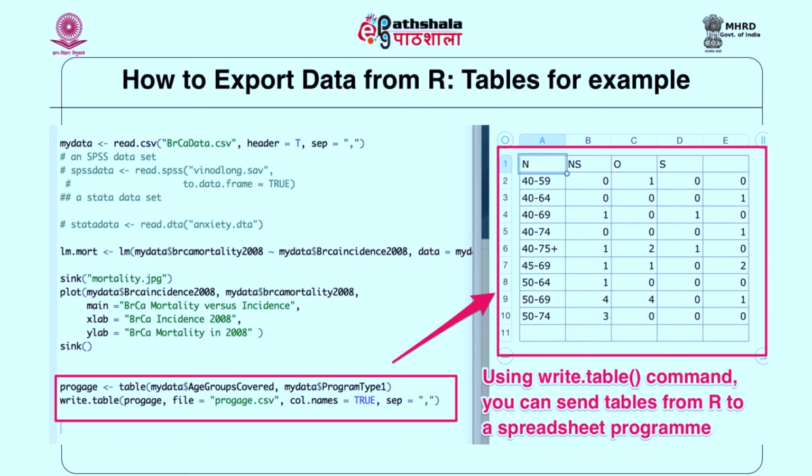The best way to do that is to specify a file name, typically a comma separated value file, because you can read that file into any spreadsheet and you can modify it in any way you like. The best way to do that is to seek the help file for write.table, and you will understand what it is. But the command that you should be using is write.table. It's very, very useful.